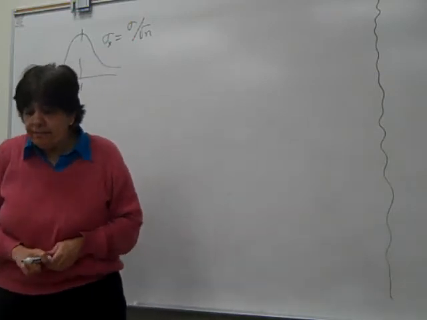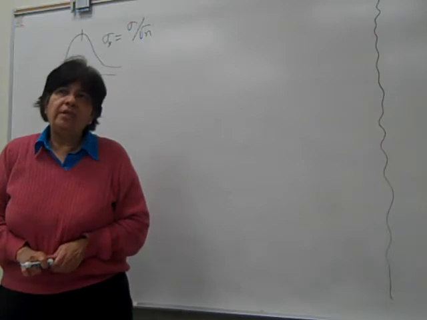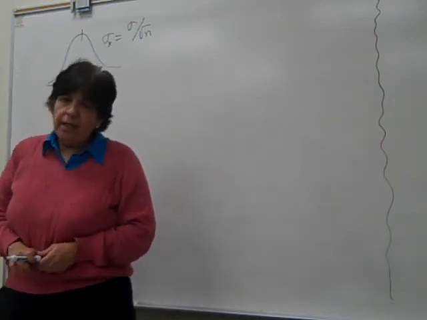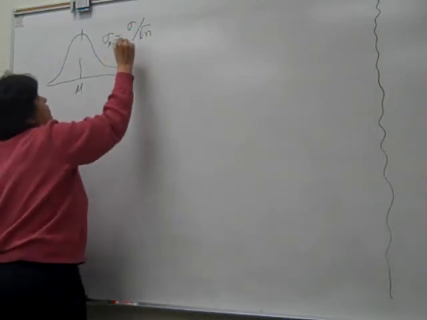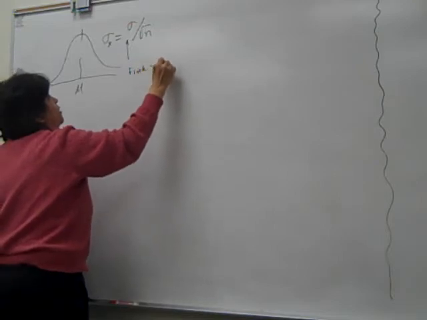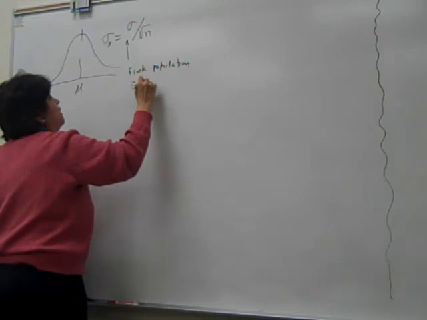Okay. Your book talks about one element that we need to include when we are dealing with finite populations, and that is the finite population correction factor.